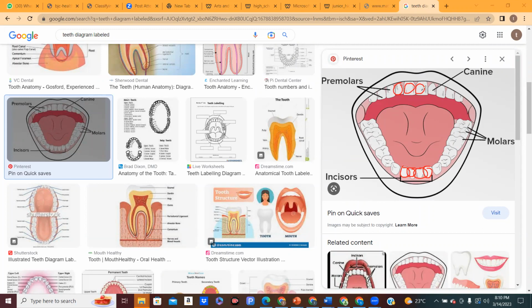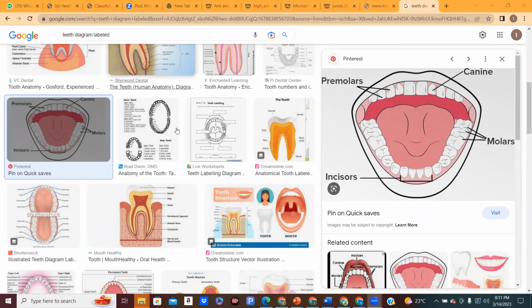We're supposed to have 4. They're giving me premolars. I'm trying to figure out if this is the canine. No, this is another incisor. So you have 4 at the bottom and 4 at the top.